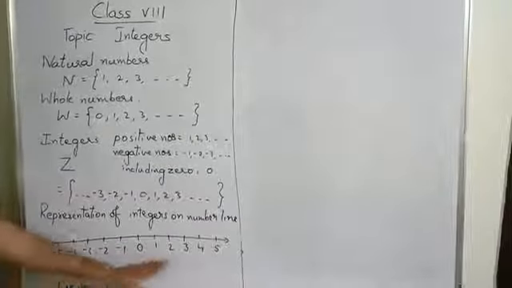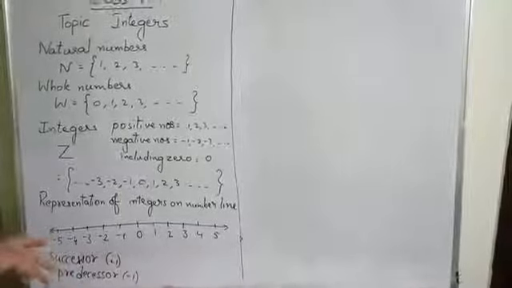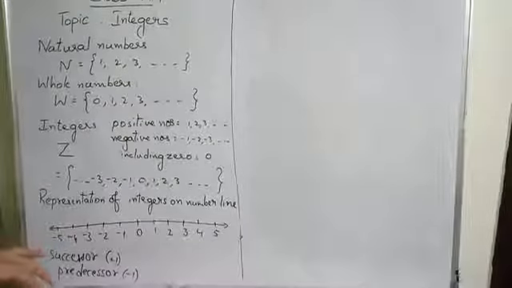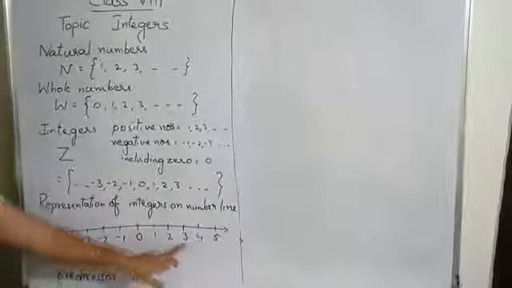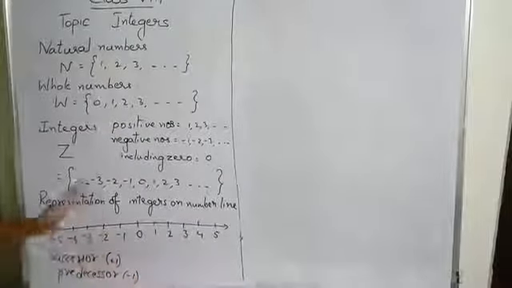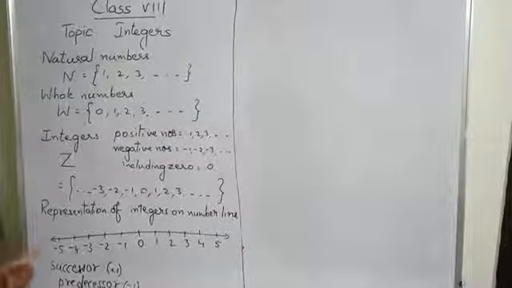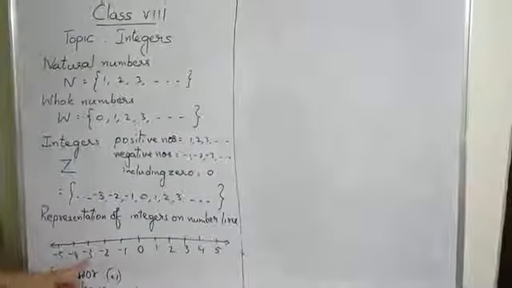There is difference when you take the positive numbers and negative numbers. Positive numbers, easily you can find out what is successor and what is predecessor. Successor of 2 is 3. Predecessor of 2 is 1. That means the number which lies to the right side gives you the successor. The number which lies to the left side gives you the predecessor. The same way in the case of negative numbers also.